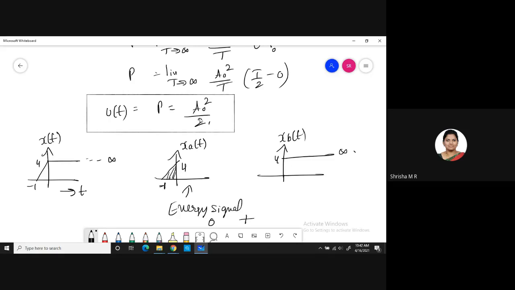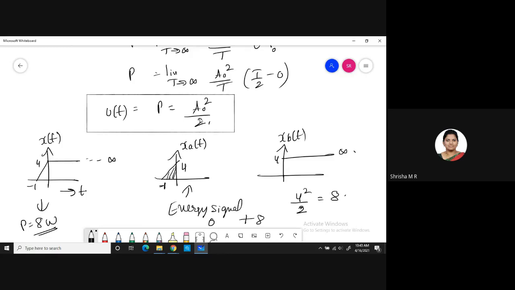A naught square by 2, or 4 square by 2, right? Yes, ma'am. What do you get? 8. So the power of this x of t signal is 8 watts. Clear? Is it clear, everyone? Yes, ma'am.